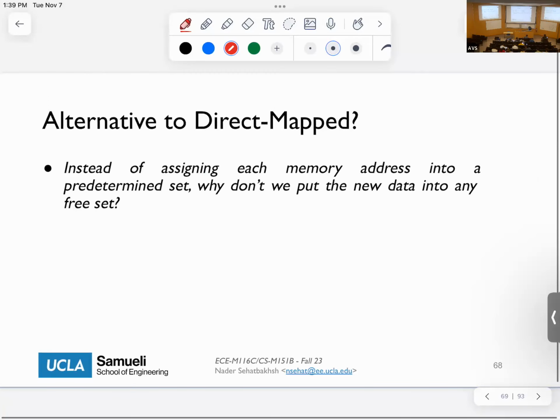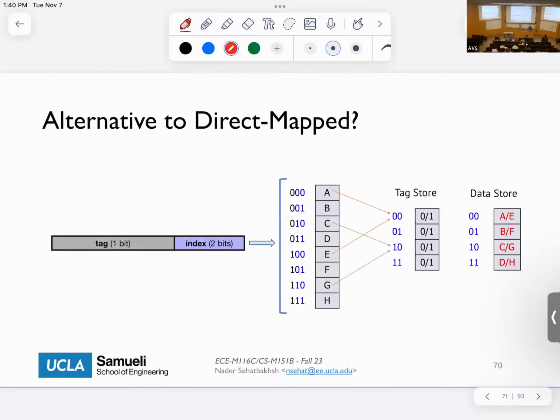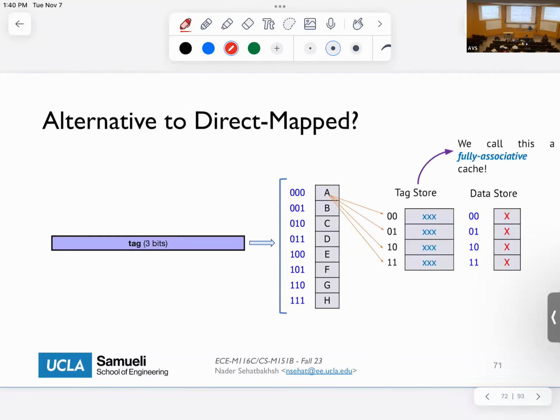But the alternative to the direct map is what we call fully associative. In the fully associative, the entire address becomes a tag, because you no longer have the notion of an index, okay? So any of these addresses could be stored anywhere. I no longer respect the index, but the penalty for this approach is that now I need to store the entire tag, okay?